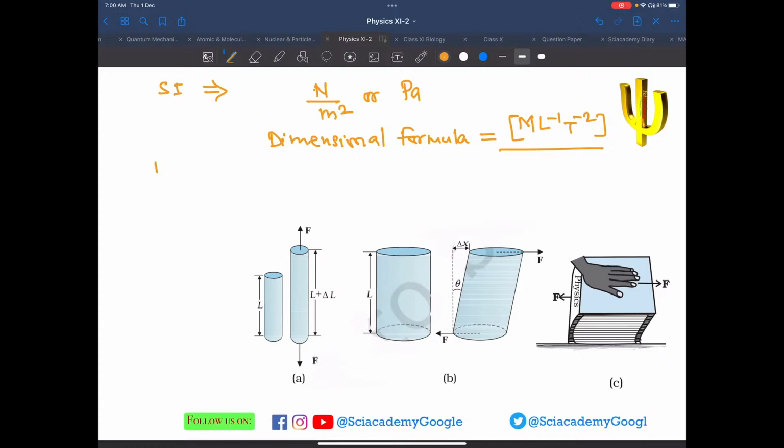First is longitudinal stress, second is shearing stress, and third is hydraulic stress.